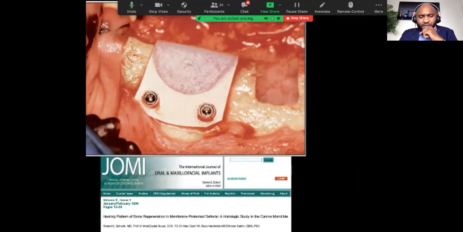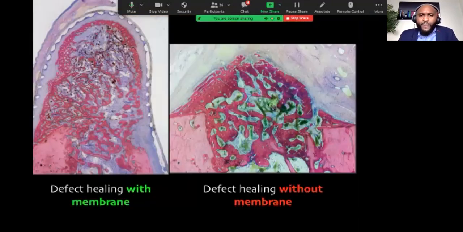Bob Schenk and colleagues conducted several studies. One of them is a 1994 study where they wanted to find out, between bone and membrane, which is more important. Can you do without the other? And what they found out, this was a study in dogs, is that when you use a membrane, you attain better regenerative outcomes.